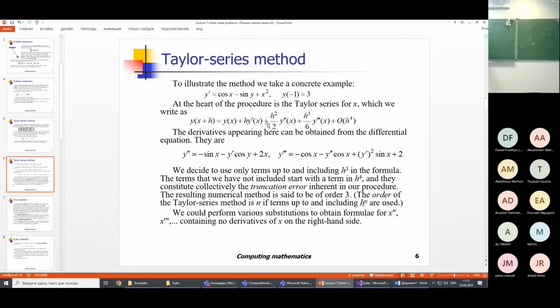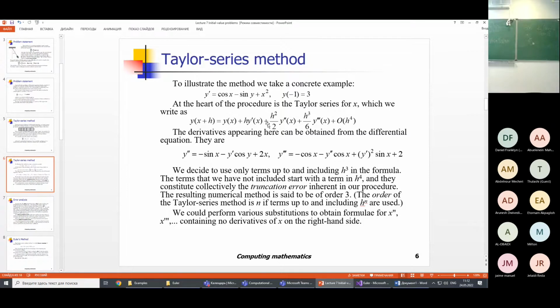And I can write it as y of xi plus h times y prime of xi plus h squared over 2 times the second derivative of y at xi plus, and so on.